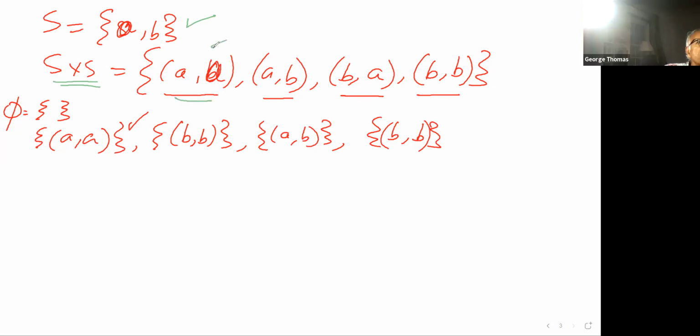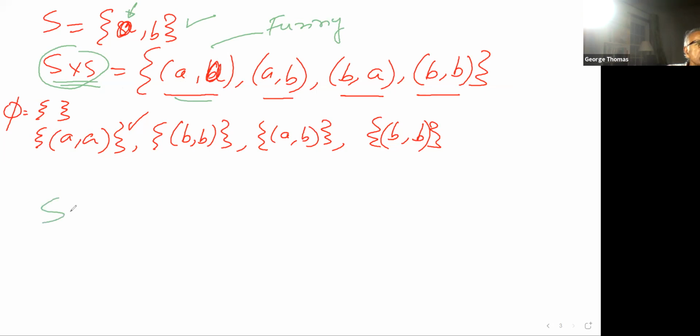These elements look funny. Why? Because an element doesn't mean it has to look like this. This is a different set from this. An element in this set looks like this, not like this.